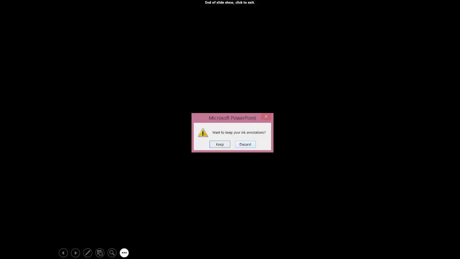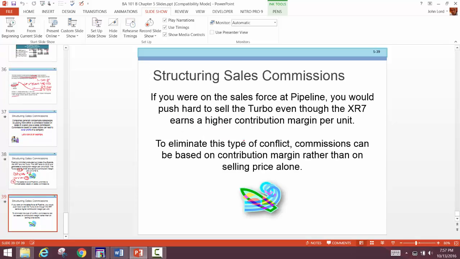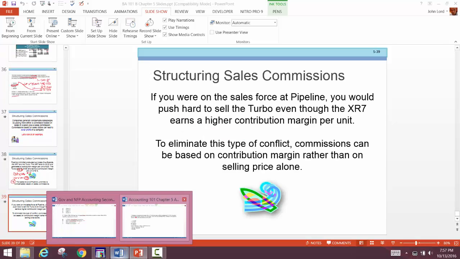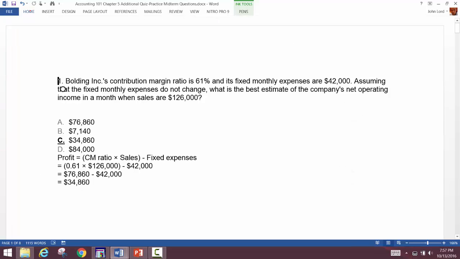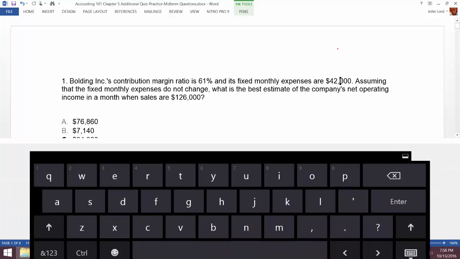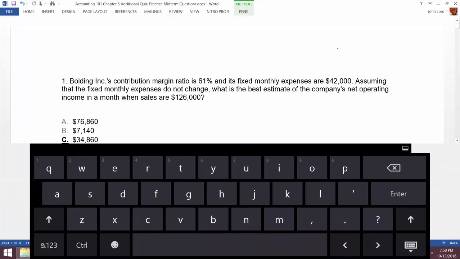I'm going to discard anything I did here. I won't make you go through governmental not-for-profit accounting. I don't think you want that. But we can go through these questions right now, or we can take the break right now and come back and go through these questions. Your option. I don't care.